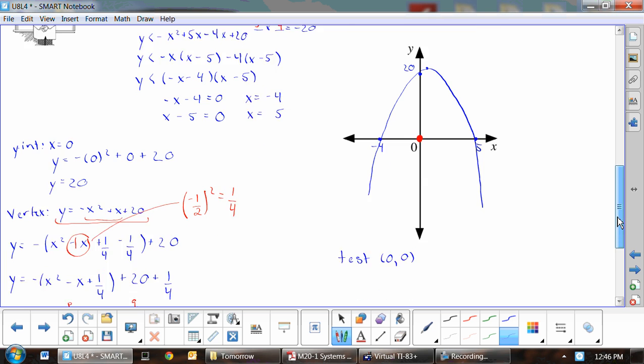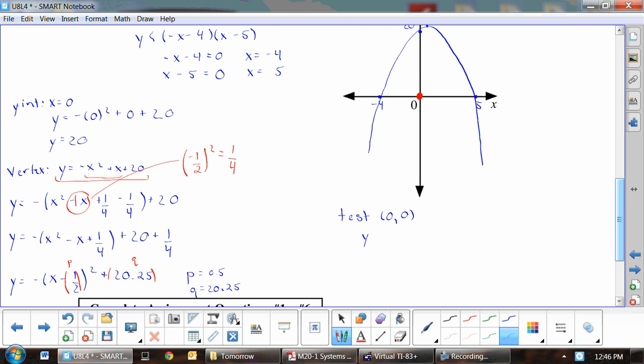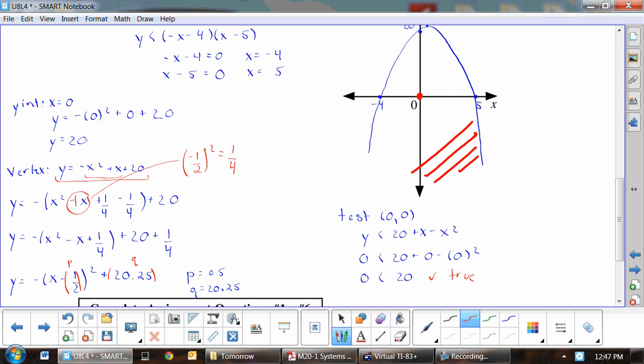Okay, so we have y is less than 20 plus x minus x squared. 0 is less than 20 plus 0 minus 0 squared. 0 is less than 20, so we say awesome, that's true. So the last step is to shade. Because it was true, we get to shade where we used our test point.